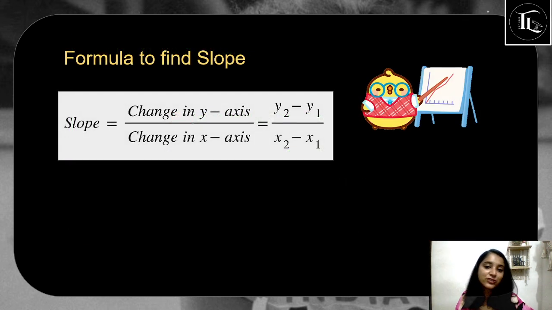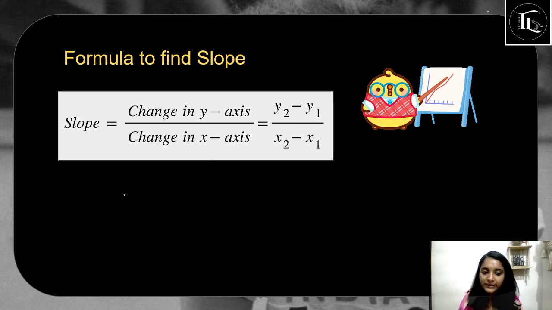Now, how do we actually find the slope? Formula wise, looking at two graphs, we can compare that, okay, which one is more steeper, which one is less steeper, and you can say that okay, it's faster or slower. Comparison can be made. But what is the actual value? What is the actual slope? How to find it out? So that is change in y-axis divided by change in x-axis.